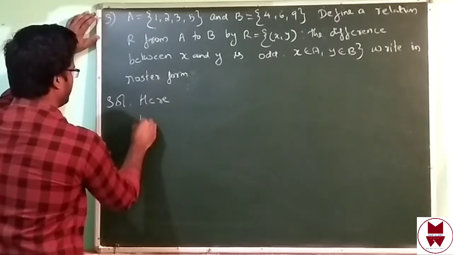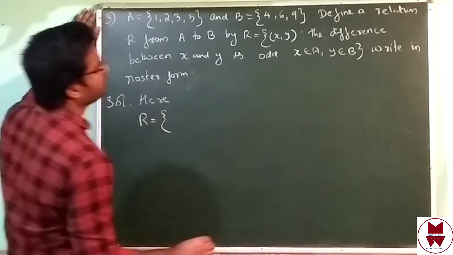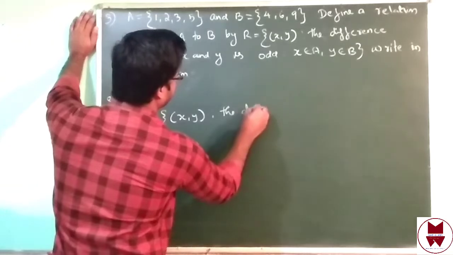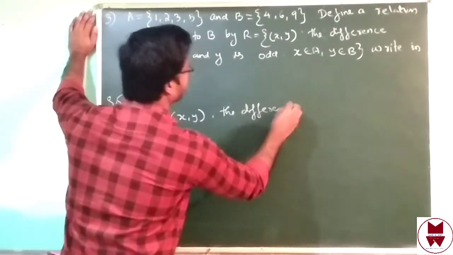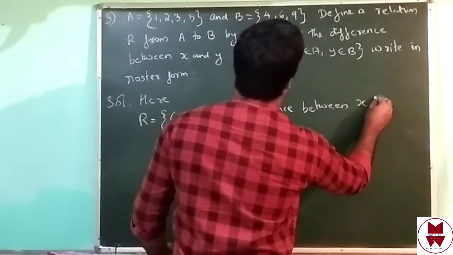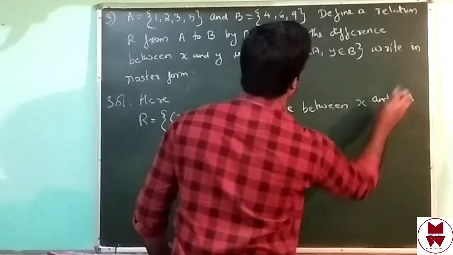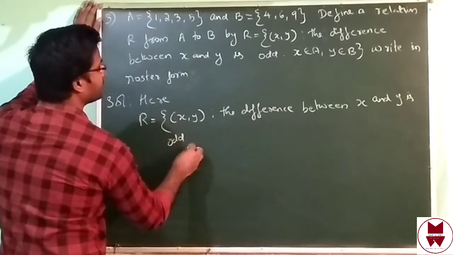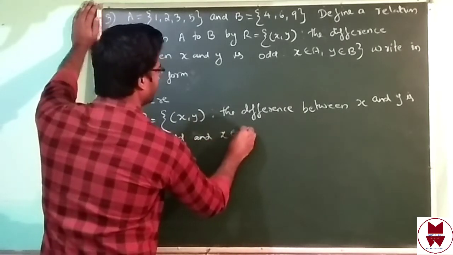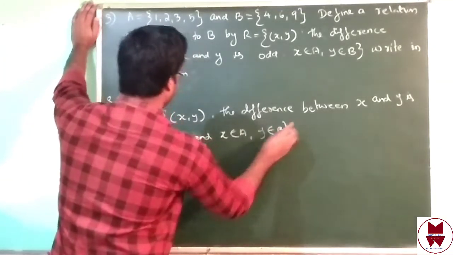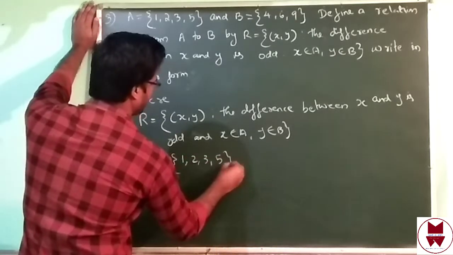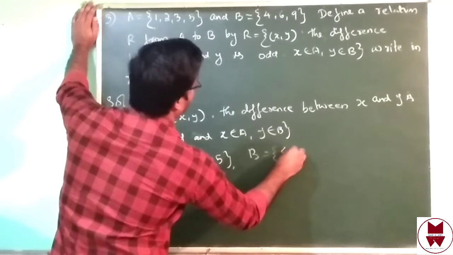Here, first we can write the relation. R equal to the set of x, y such that the difference between x and y is odd, where x belongs to A, y belongs to B. Then A and B we can also write: A is the set 1, 2, 3, 5 and B is the set 4, 6, 9.